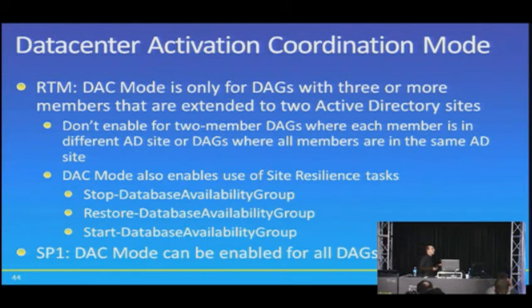Without DAC mode, if you have a DAG in the site resilience configuration and it's not in DAC mode, you have to use the cluster tools in order to do the data center switchover. But if you're in DAC mode, you use only Exchange tools, and we make it much, much easier for you to do it. And again, DAC mode is now enabled for all DAGs in SP1.